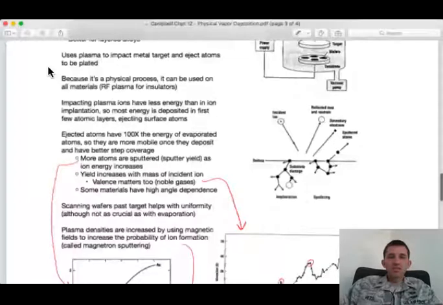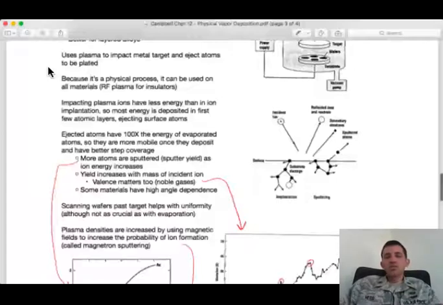And because it's a physical process, it is less dependent on the vapor pressure of a particular metal. So this is good, right? You can generate an RF plasma and do this deposition with insulating material, which tend to have higher melting points, or I think we'll talk about it a little bit later. This is great for alloys, right?